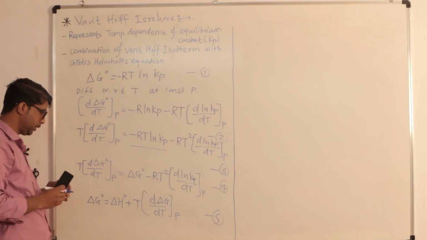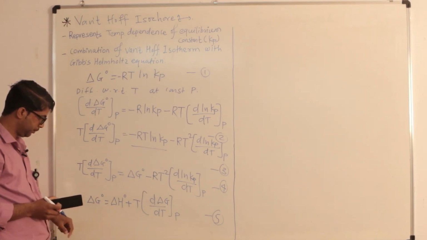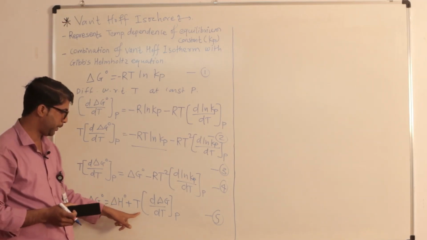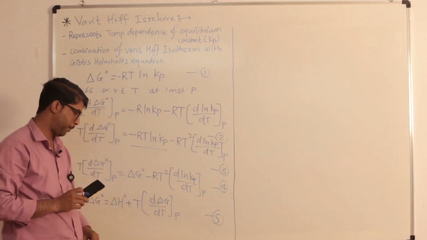If you see the terms, this is the standard Gibbs free energy change, this is the standard enthalpy change, this is the temperature, and this is the change in the Gibbs free energy.